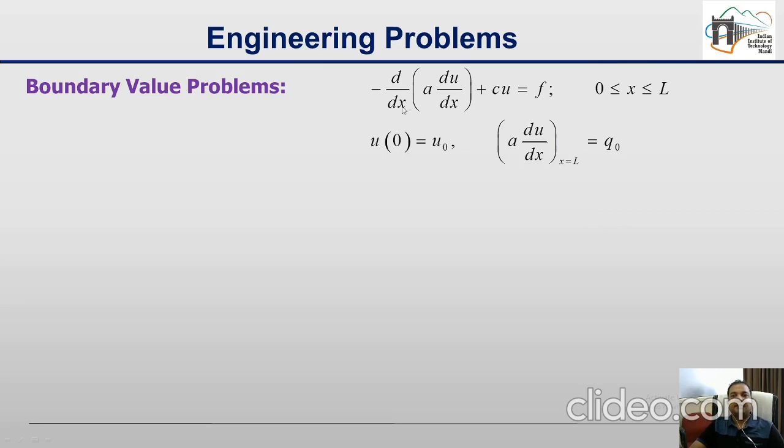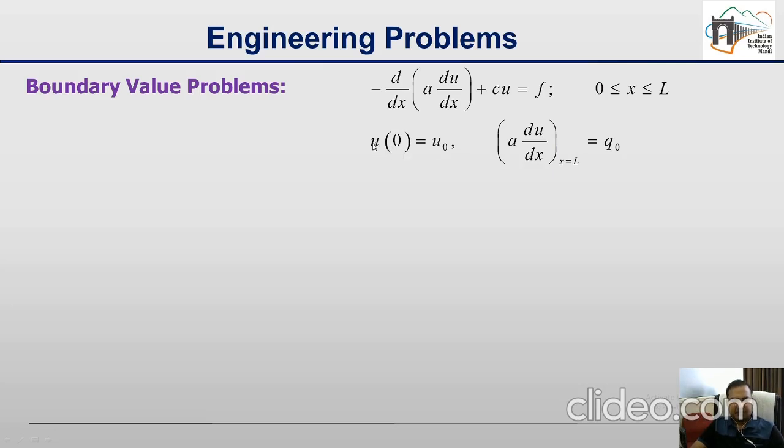Here in this equation we have a second order derivative equation that represents a one dimensional bar problem if we consider the structural case. It also represents the heat conduction equation for thermal problems, or an electricity problem related to voltage and current, which is also represented by this equation. So what is the boundary?